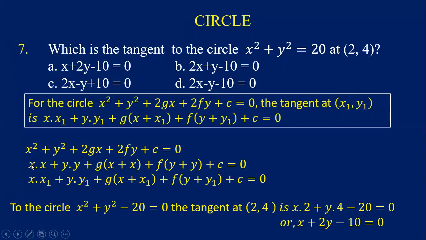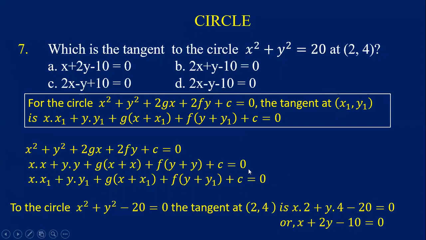Now what we do? There are two x's. So we keep one x and we replace another x by x1, that is the given point. This is the given point. So this is x1, this is y1, this 4 or y1, whatever we say. Now there are two x's, so keep one x here, and replace another x by x1. Keep one y here, replace another y by y1.